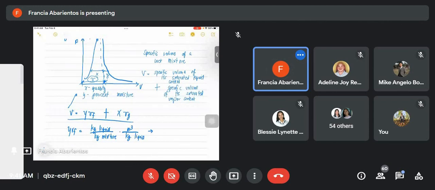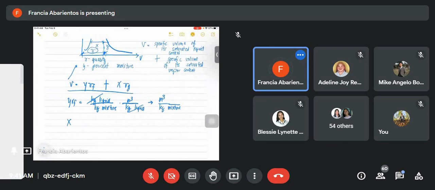So, kakancel to na liquid natin. So, matitira is cubic meter per kilogram mass of the mixture. Okay? Same as with the quality X in the vapor. Pero vapor na dito. Ayan. Over the kilogram of the mixture times the cubic meter per kilogram of the vapor. Maka-cancel to. Matitira sa atin is cubic meter per kilogram.